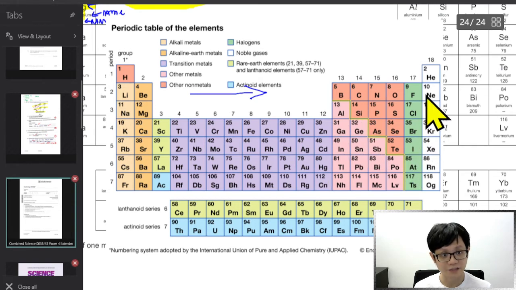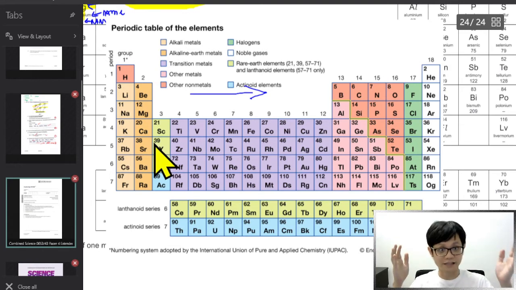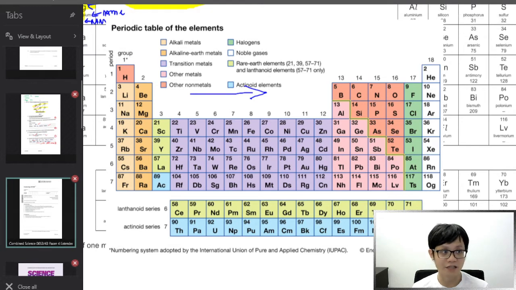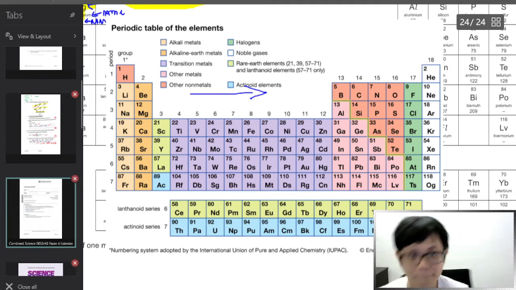So we can see towards the right side is covalent bond. If you want to talk ionic bond, then it will be the left side and the right side together, then we call it ionic bond. They have stronger intermolecular forces, so it's more difficult to break.